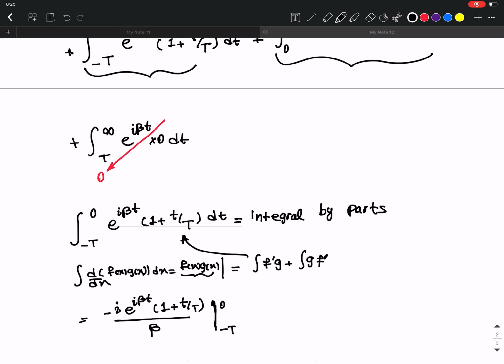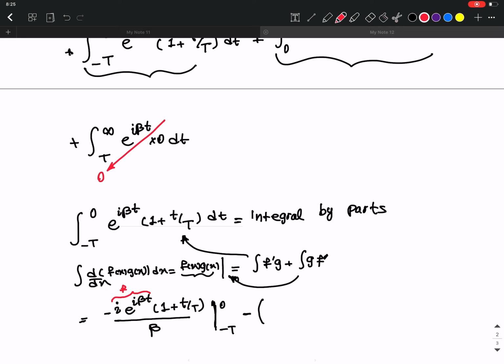And then for the other one, I will bring the other one to the left hand side. So this is going to be minus the integral of the derivative of the other function. Okay, so here, for example, the derivative of the first function. If this can be your f, the first derivative is going to be i beta over beta, right?